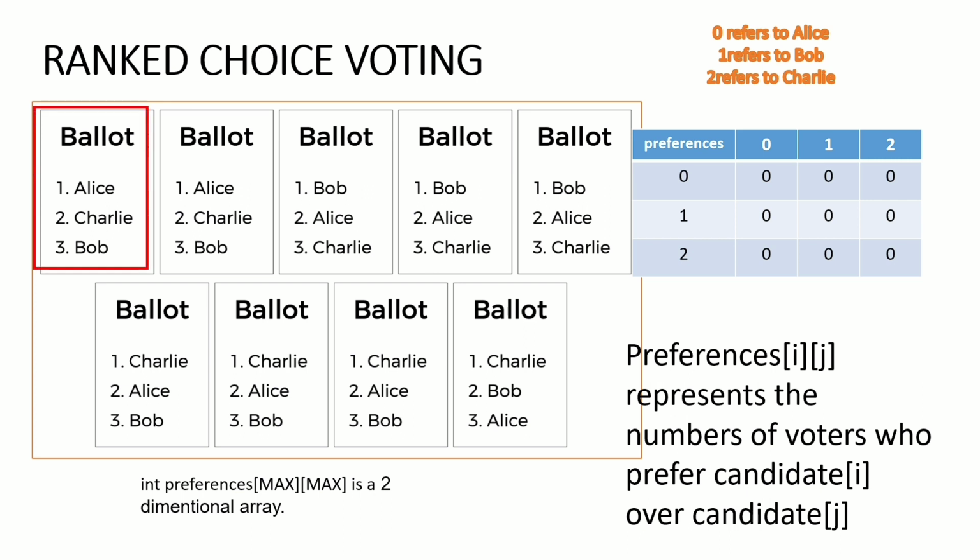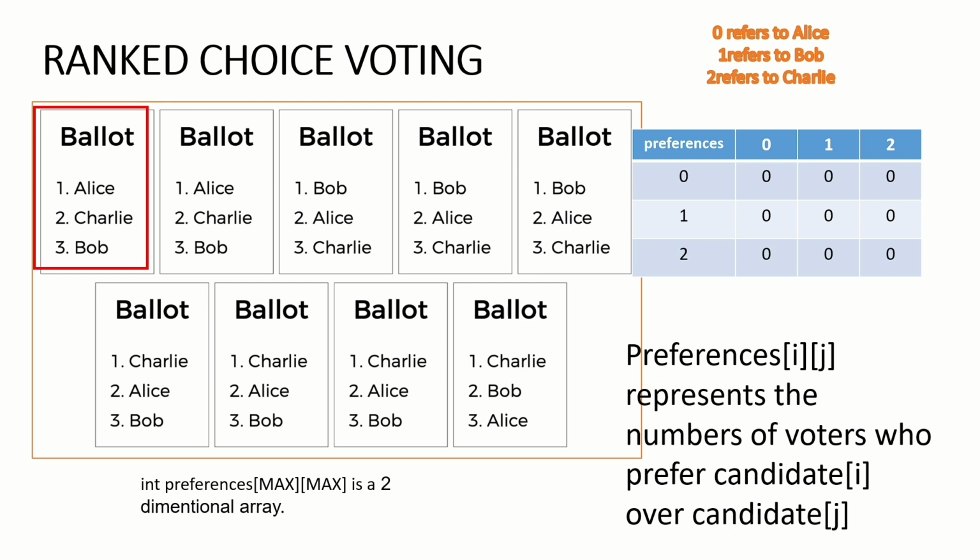If we check the first ballot, the first rank is Alice, the second rank is Charlie, and the third rank is Bob. From the name of this election, we know it's called a ranked pair election, so the competition is actually between the candidates of a pair. If we compare Alice and Charlie in the first ballot, who wins? Obviously Alice wins over Charlie.